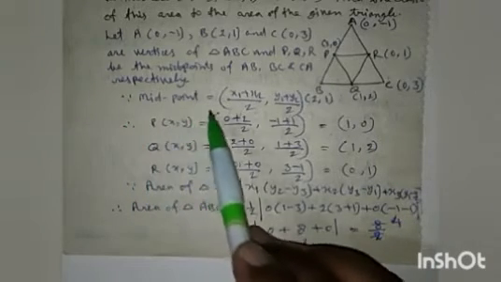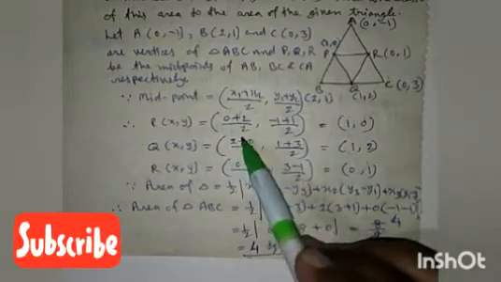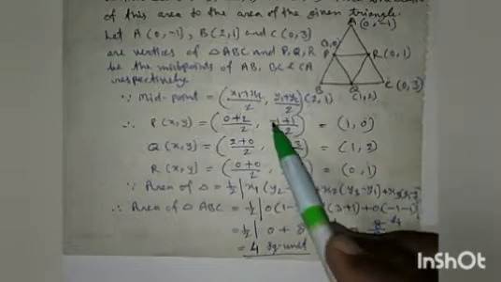The midpoint formula is (x1 plus x2) divided by 2, (y1 plus y2) divided by 2. Here point P: for P, x1 is 0, x2 is 2. So here 0 plus 2 divided by 2, and y1 is -1 and y2 is 1. So -1 plus 1 divided by 2, that is equal to (1, 0).